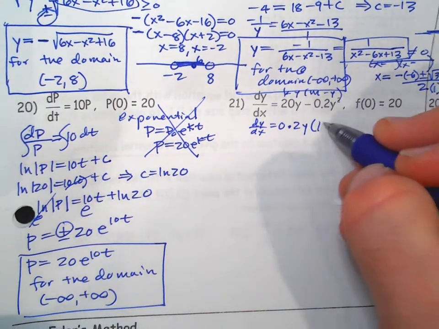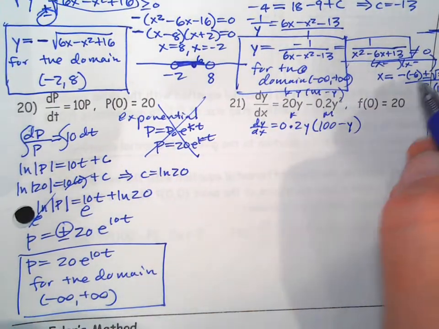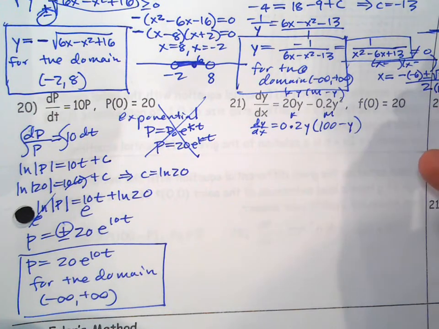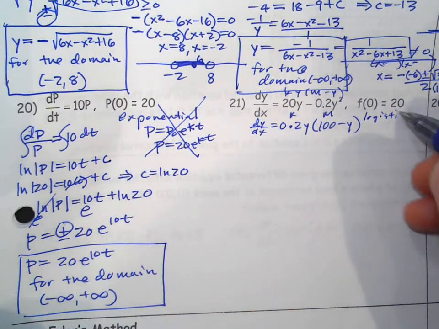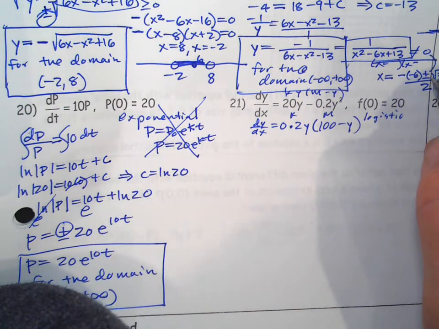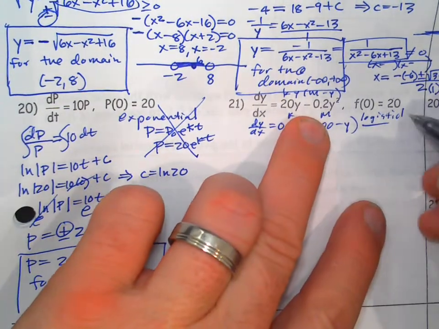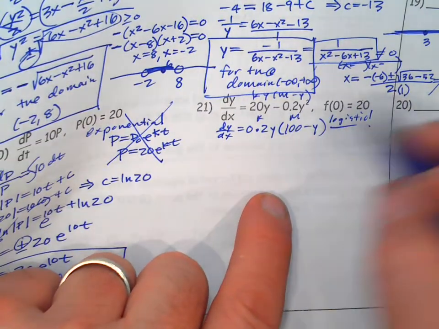So this is 100 minus y. So this is your k, that's your m. So, I mean, I guess you could write the logistic for it. This is your initial condition. It would take some work, but I'm just letting you know on the test, I'm going to expect you to be able to solve this without the formula.